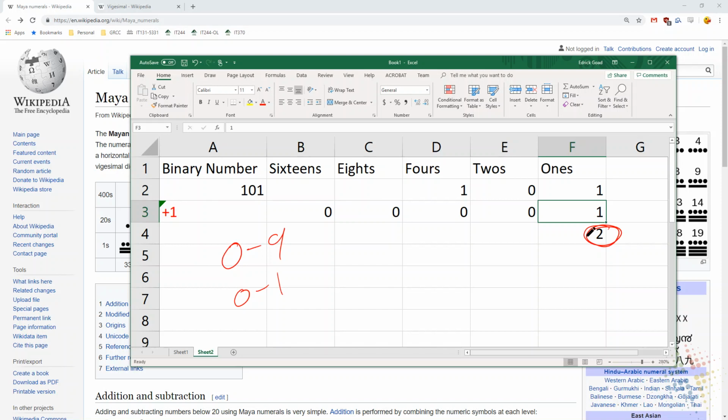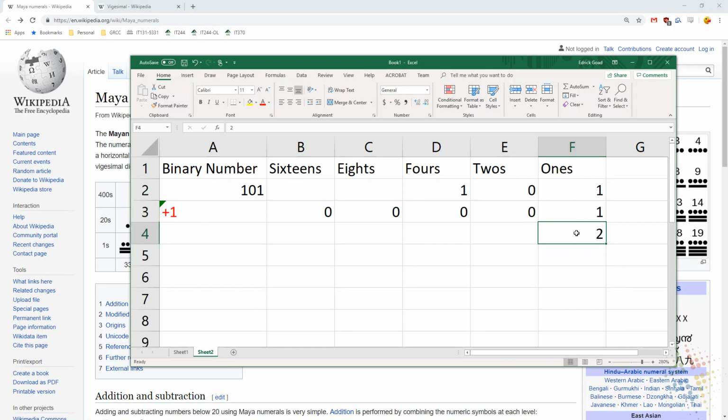So this 2 right here is the binary equivalent of 10. You can't have 10 1s. What you can have is a 10 and no 1s. So here I have a 2. Well, I can't have 2 1s. What I can have is a 2 and 0 1s.